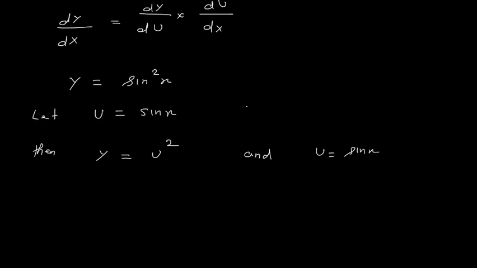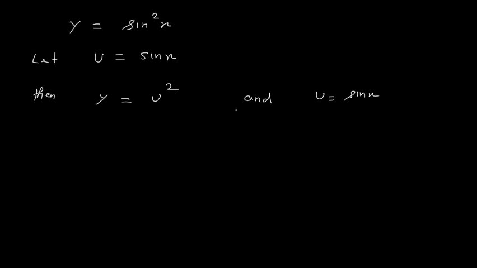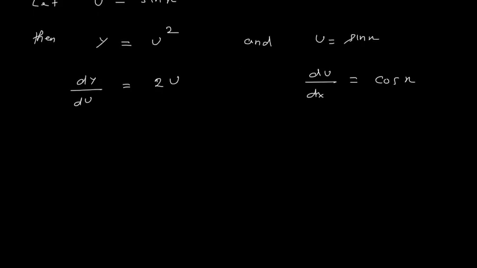So here for y, u is a variable and you can differentiate with respect to u. So dy upon du, when you differentiate, you will get 2u. Similarly, when you differentiate u with respect to x, you will get cos x as the result. So by the definition of the chain rule, dy upon dx can be written as dy upon du into du upon dx.